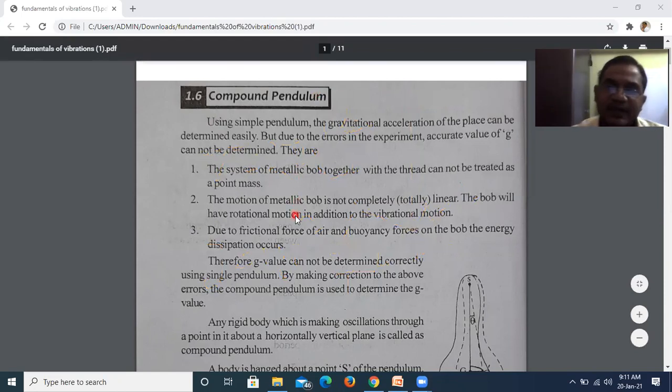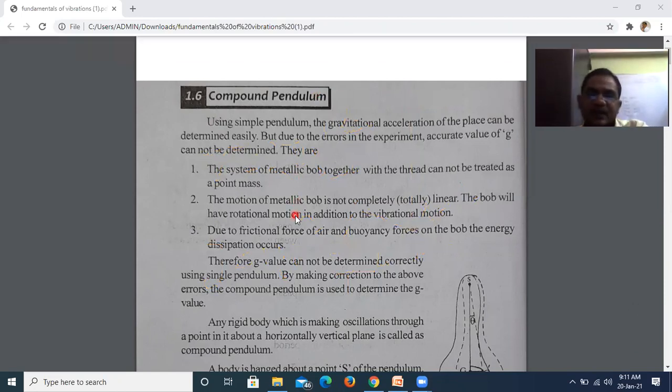What are the drawbacks? The value found by using the simple pendulum experiment is not the exact accurate value. So instead of that, we use the compound pendulum for the determination of the small g value.